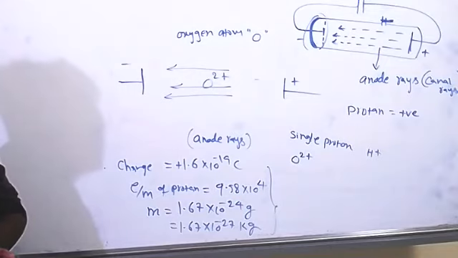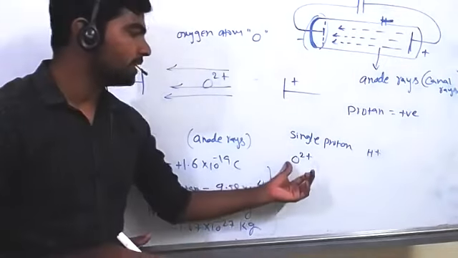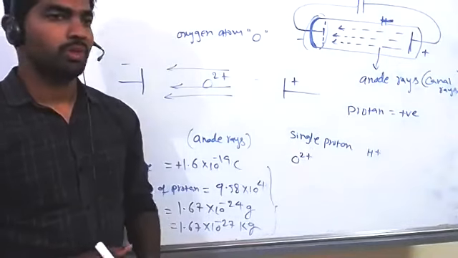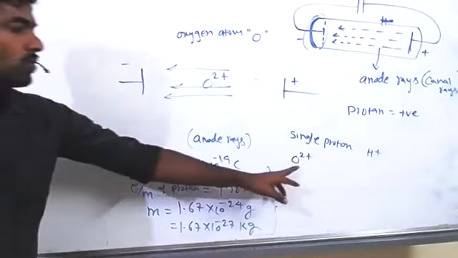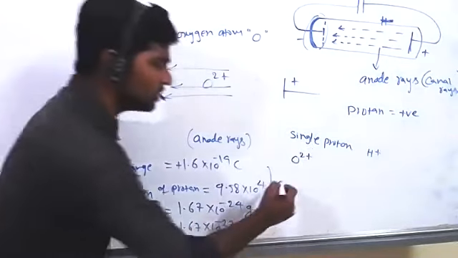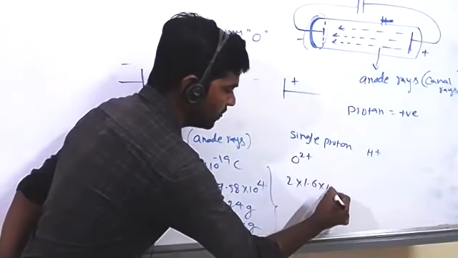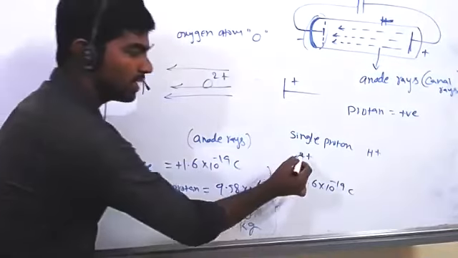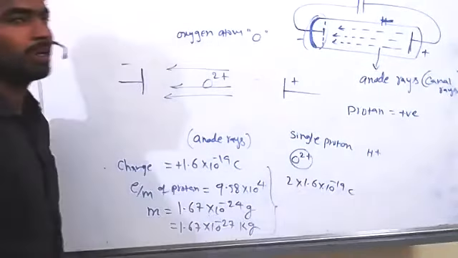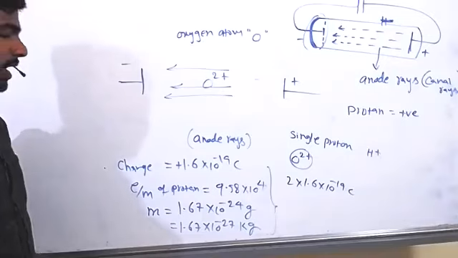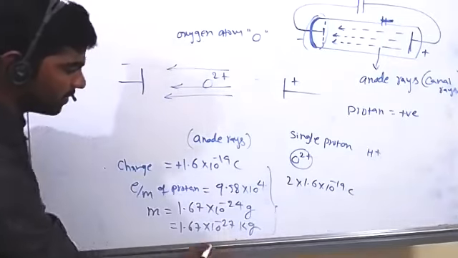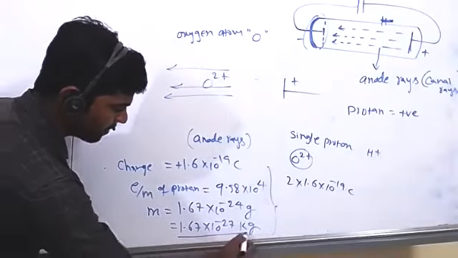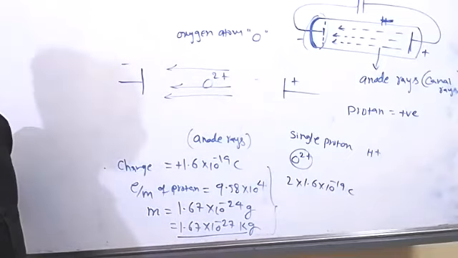And the charge carried by anode rays is a multiple of the charge carried by an electron. Suppose O2 2 plus is carrying 2 units, that means 2 into 1.6 into 10 power minus 19 coulombs. Here the charge carried by the anode rays is a whole number multiple. And mass also is a multiple of 1.67 into 10 power minus 27 kilograms.